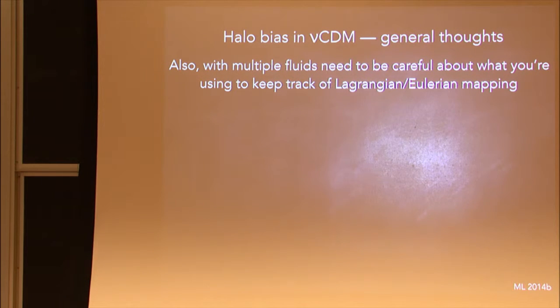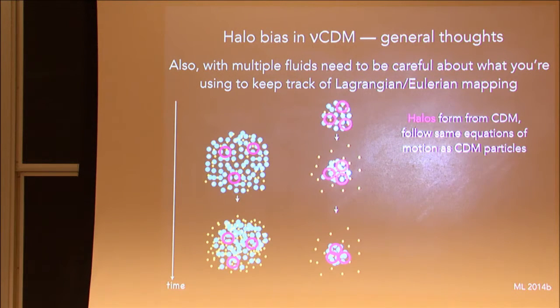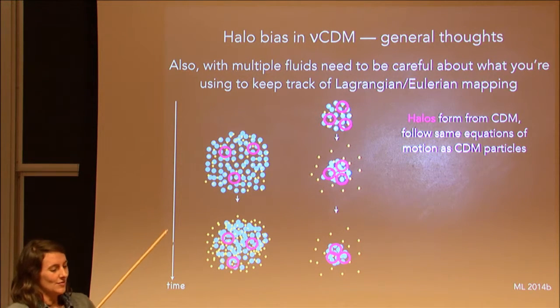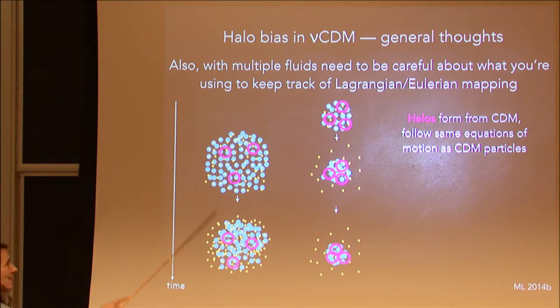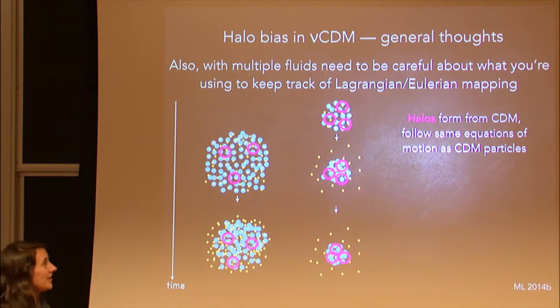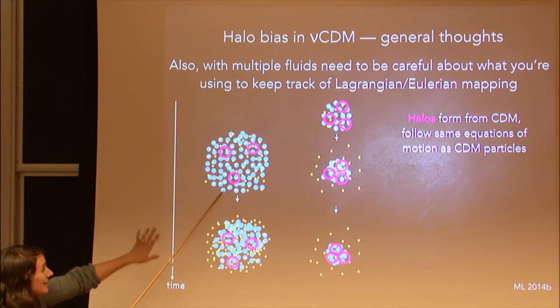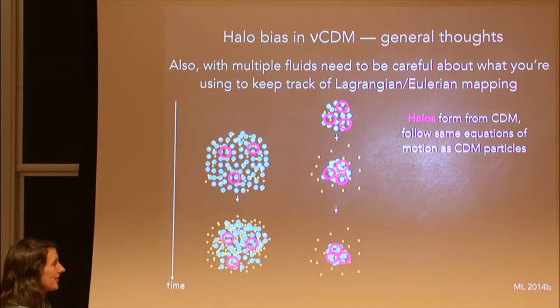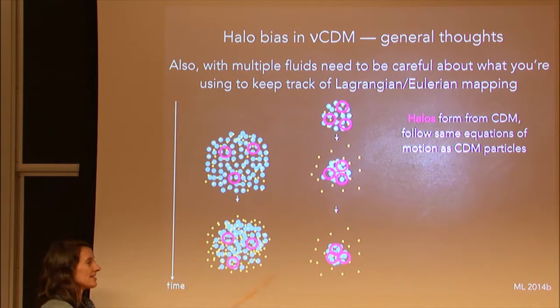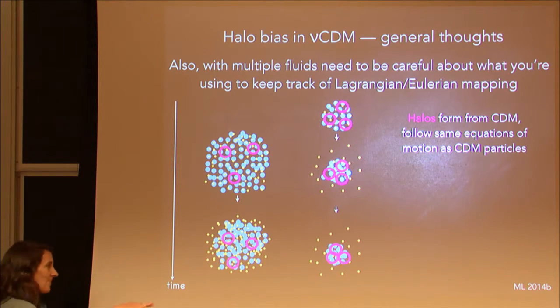And then another point is that if I have multiple fluids around, I need to think about which one I want to use to keep track of the mapping between Lagrangian and Eulerian space. This, in principle, I think could be a matter of convention, but if I'm thinking of cold dark matter halos forming from blobs of cold dark matter, and these particles not having any initial velocity with respect to the rest of the cold dark matter, then it's the cold dark matter that you should use to track the increase in halo density in a late time overdense region compared to an average background.